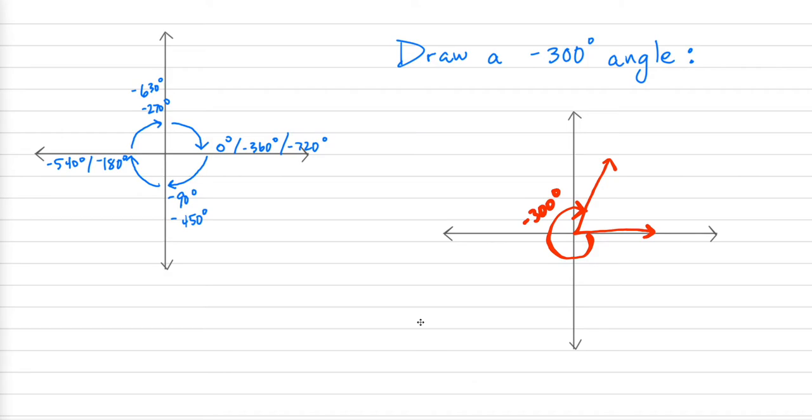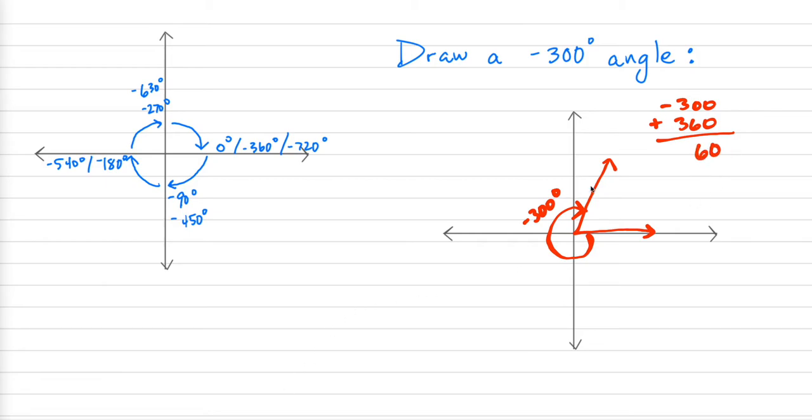Row 1, C8. Do you think you could give me a co-terminal angle to negative 300? Yep, I heard you whispering it. 60. If I add 360 onto negative 300, I would get positive 60.